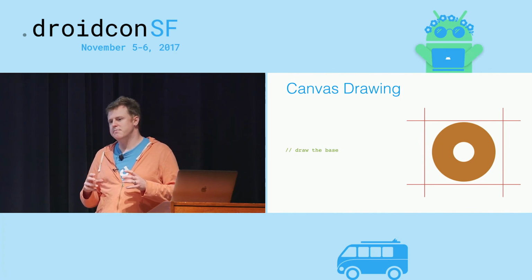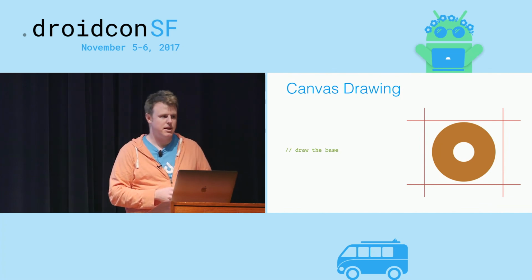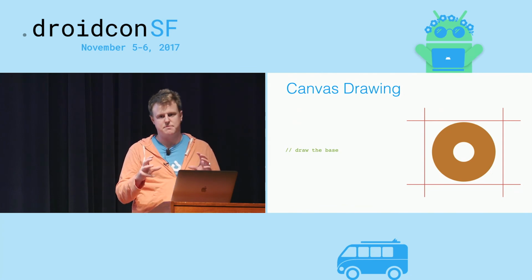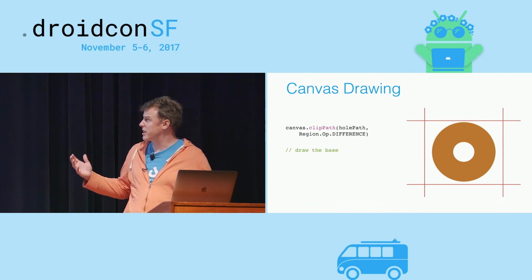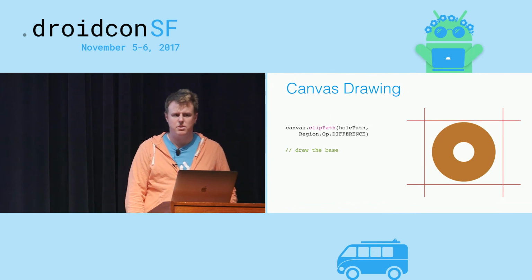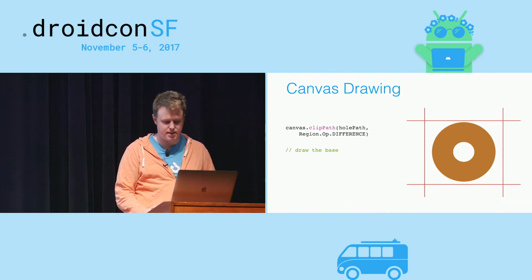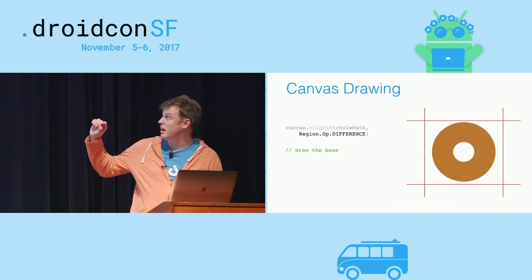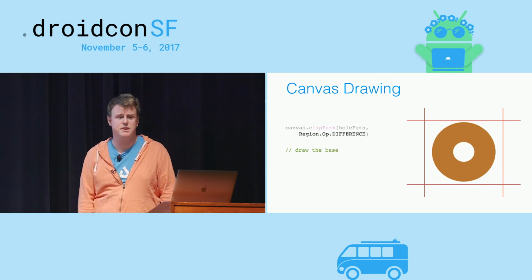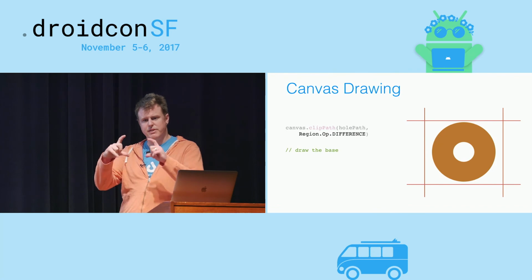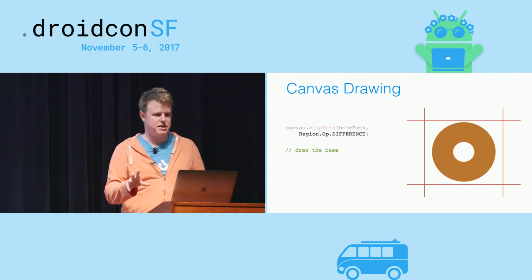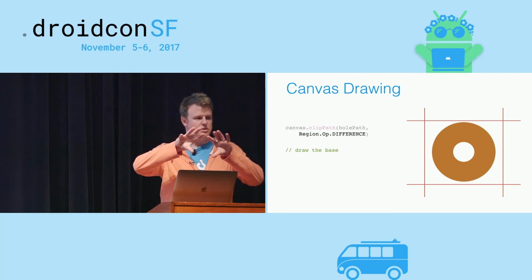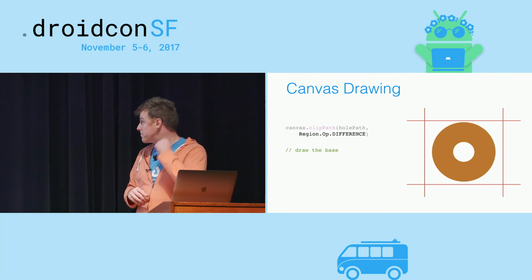Now the canvas has methods for doing this, and this process is called clipping. So here we have a clip path method, and what this is going to do in this particular case, because we're giving it the region operation of difference, it's going to basically say, when we give it that circle path in the center, only draw pixels that do not intersect with this shape.